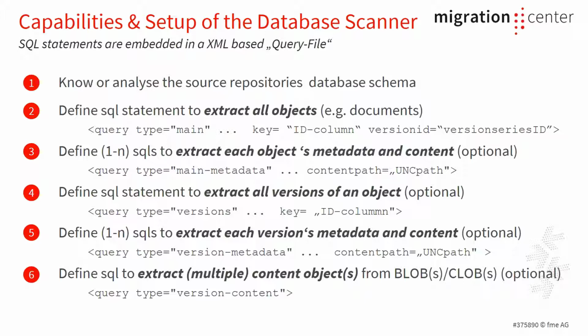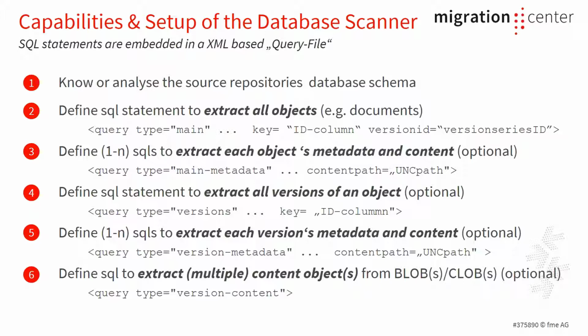But first of all, you need to analyze the database schema, assuming that you already know what you want to decommission or migrate from the legacy system. You will start with analyzing the database, where to find the respective elements in the database.